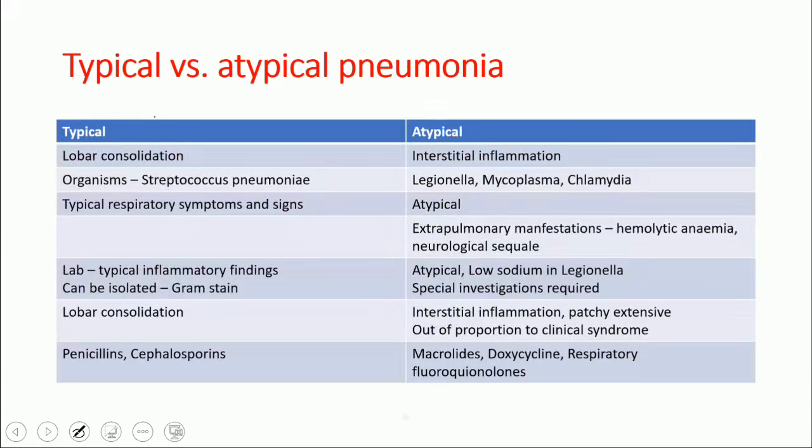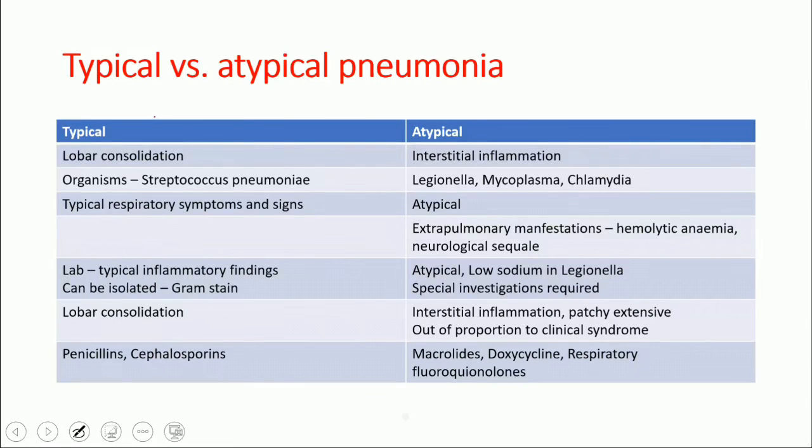Now, an important consequence of the fact that atypical pneumonia is interstitial is that they don't present with the classical pneumonia signs and symptoms, because they're interstitial, not alveolar. Cough, sputum, that sort of thing is unusual in atypical pneumonia. I think they can present without any of those symptoms. And when you listen to their lungs, you're not going to find many signs because it's everywhere interstitial.